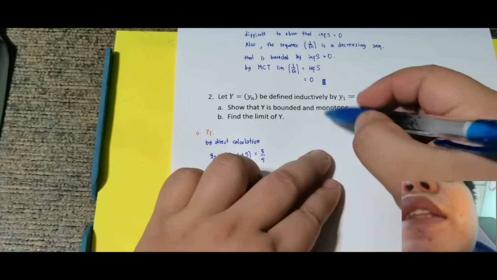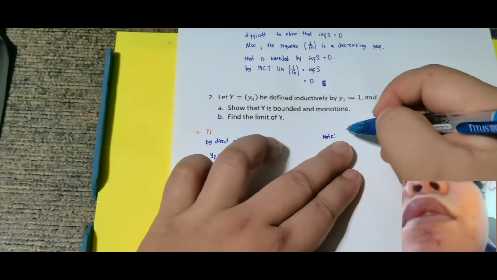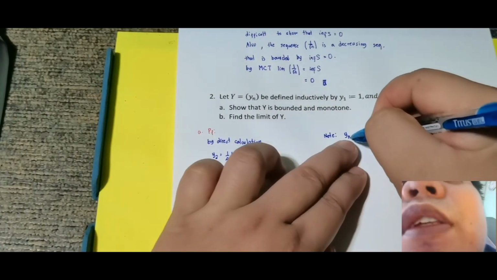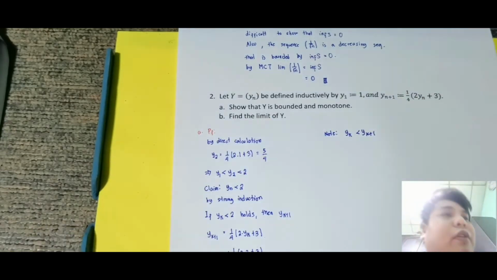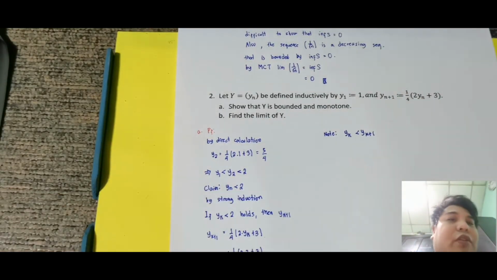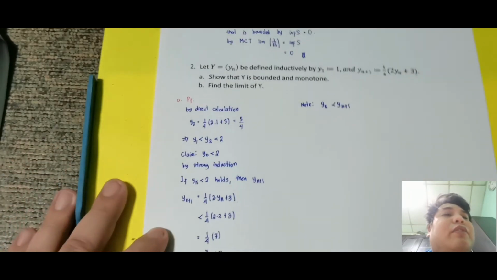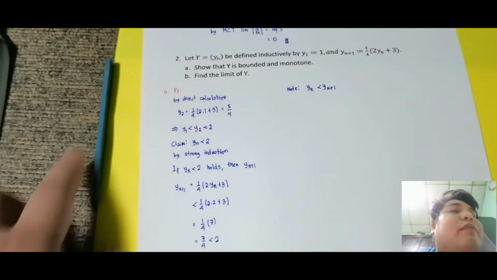Okay, so note na by induction, ang nakita natin, si y sub k is less than y sub k plus 1. So, let us assume na ito yung ating assumption. Kasi true na yun by induction. Okay, napakita natin yan by induction.